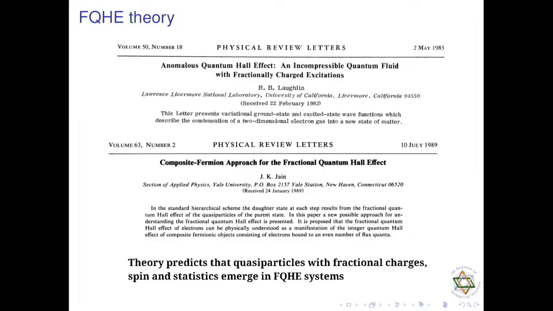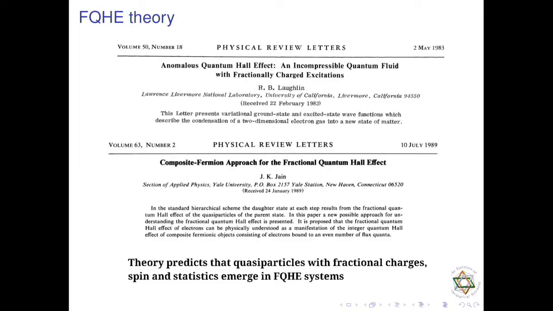Initially there was Laughlin's theory, which explained one class of observed fractions, and then Jainendra Jain's theory, which was much more comprehensive and described a much larger class of fractions. Both these predict quasiparticles with fractional charge, spin and statistics.